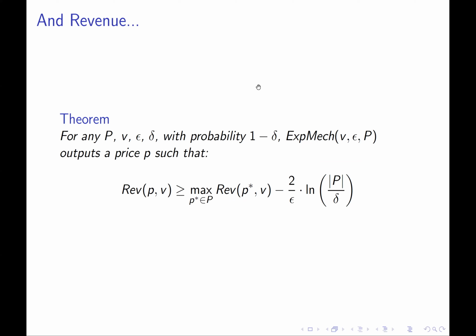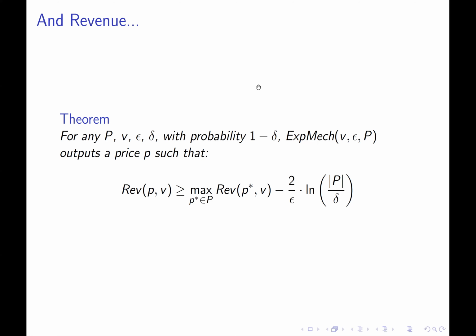And remember, the thing that we're trying to improve on, the exactly dominant strategy truthful auction that we derived using the polynomial weights algorithm, was able to give us a revenue bound that corresponded to the revenue of the best fixed price in hindsight minus the square root of the number of bidders.